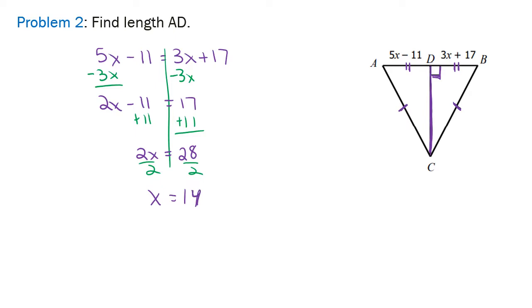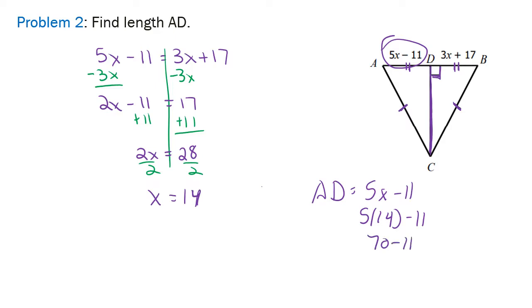Once again, it wants the length AD, so I'm going to take the expression for AD and plug in the 14. So 14 times 5 is 70 minus 11. It's going to give us 59 for the length of AD.